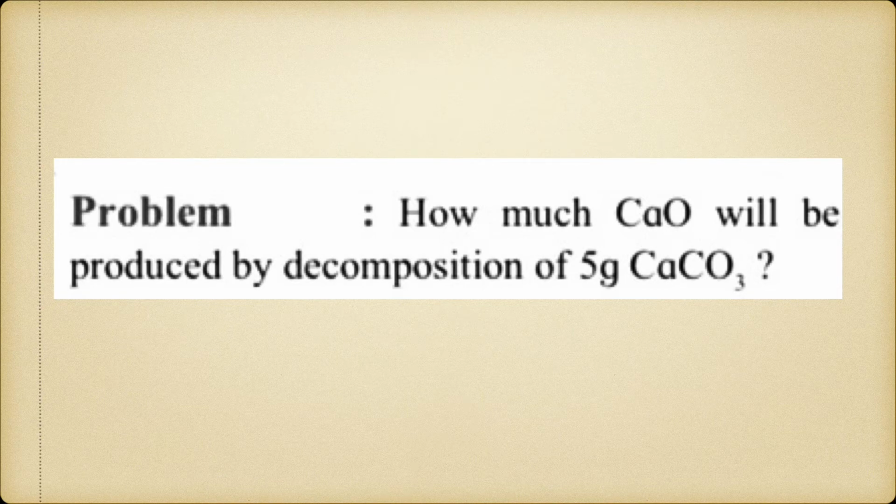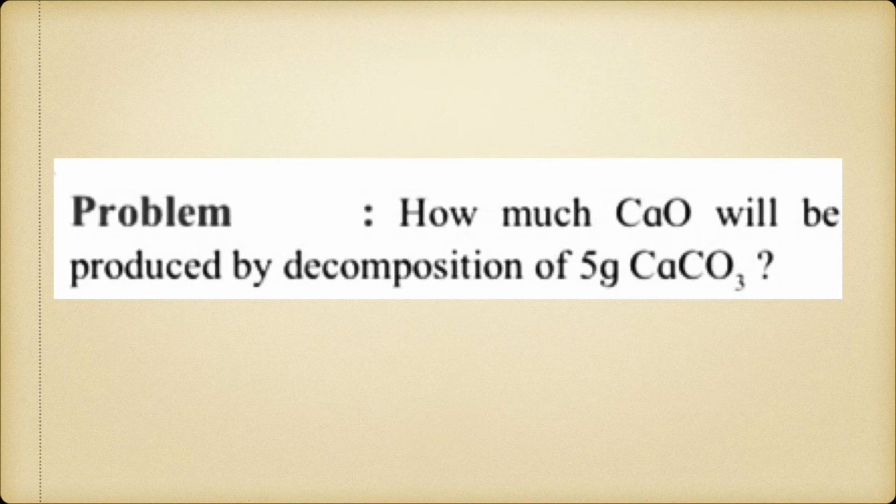Over here a decomposition reaction is there, the decomposition of calcium carbonate. So I have to break down calcium carbonate. When calcium carbonate is heated up, I will get quicklime, that is calcium oxide, and carbon dioxide will be evolved out. That will be my reaction.